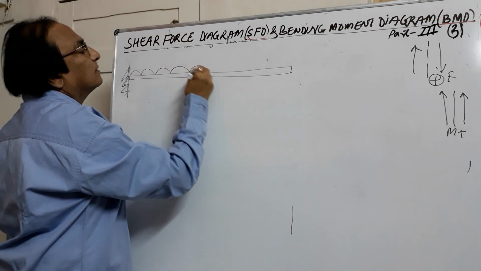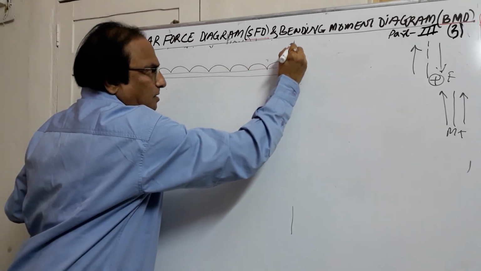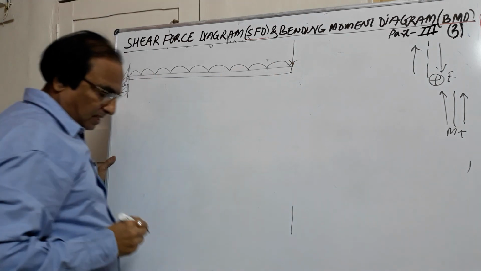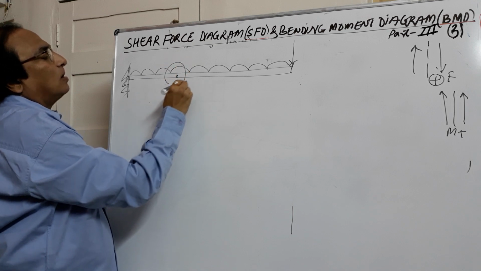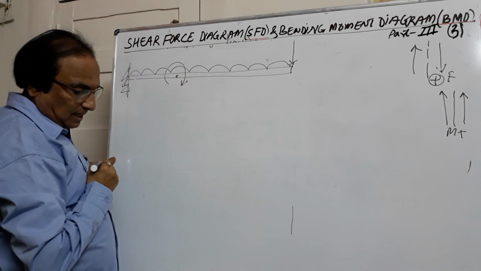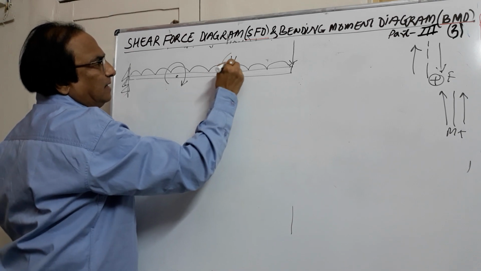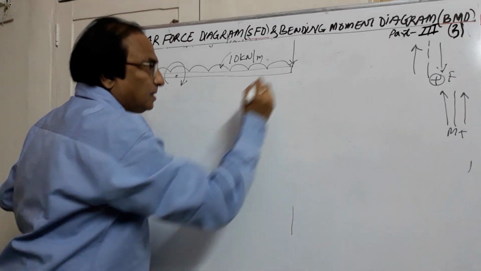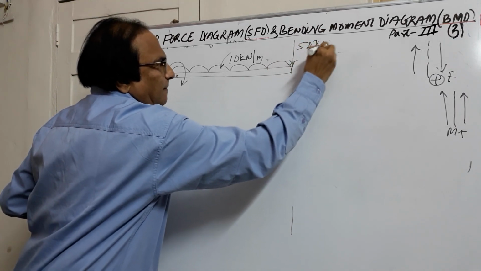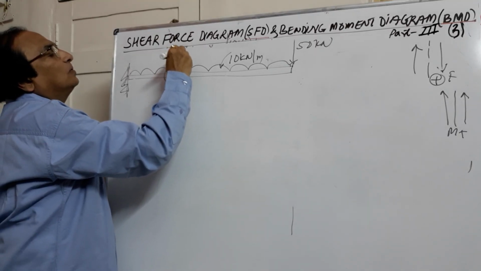Suppose it is carrying UDL for the whole length, and a concentrated load at the free end, and in addition it is carrying a couple or a moment in the clockwise direction. Let the magnitude of the UDL be 10 kilonewton per meter, the concentrated load be 50 kilonewton, and the moment acting be 25 kilonewton meter.